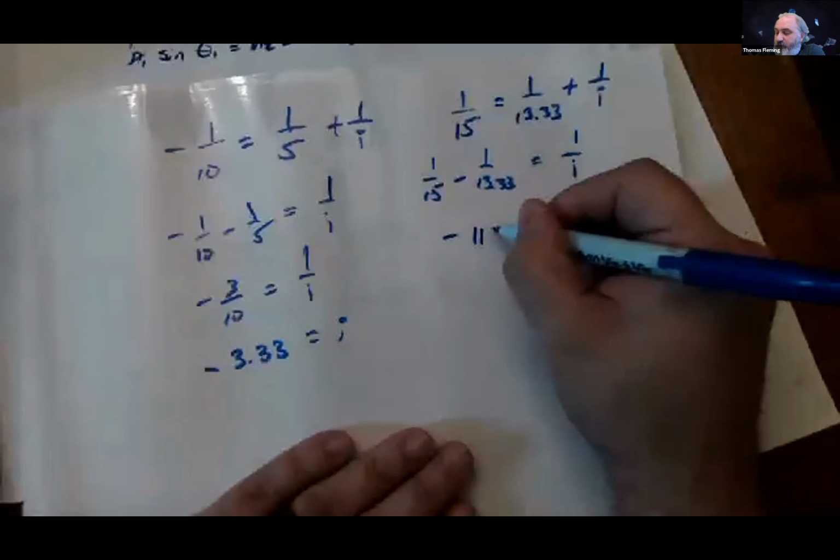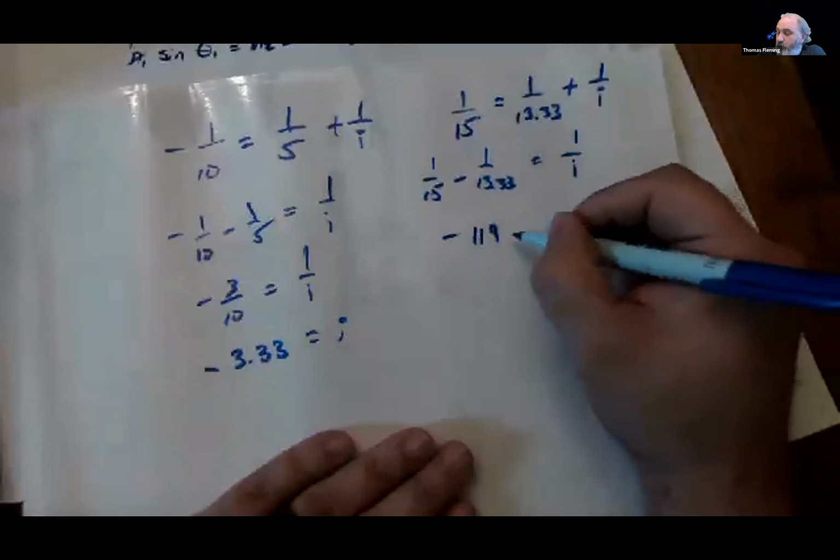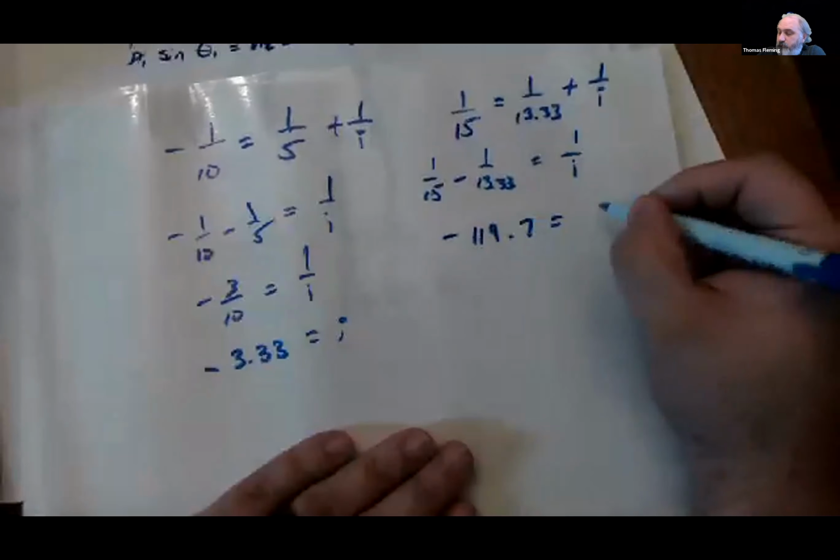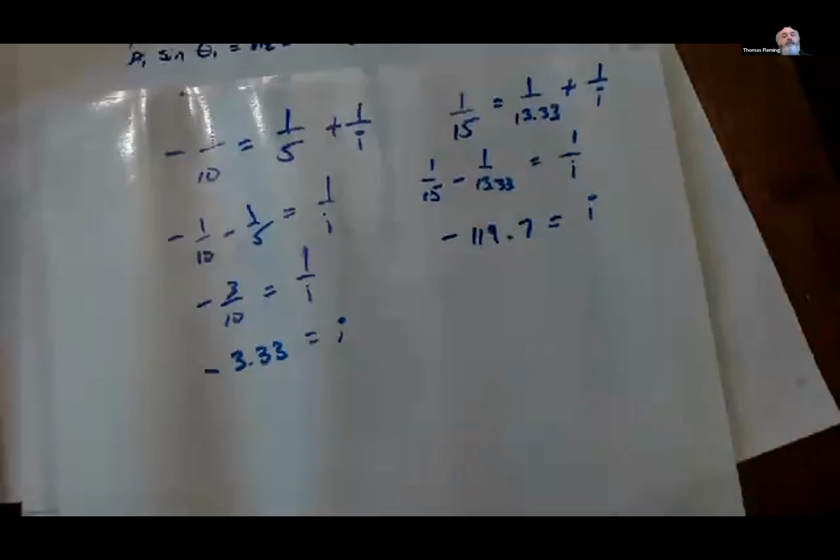So I end up with I equal to negative 119.7. So far, so good?